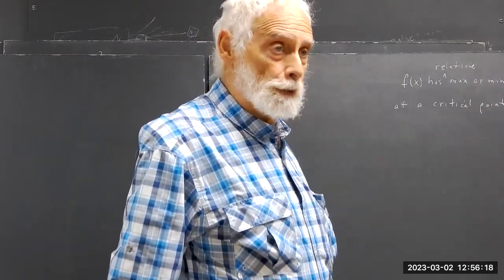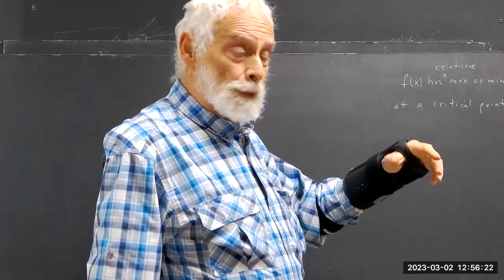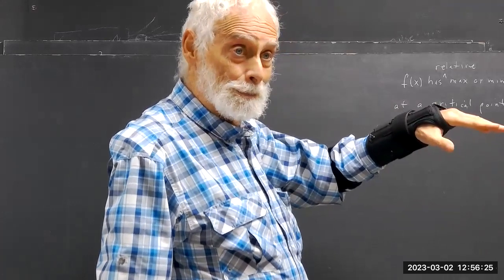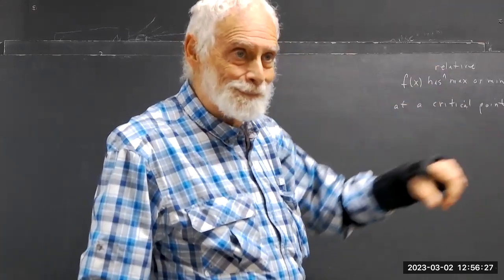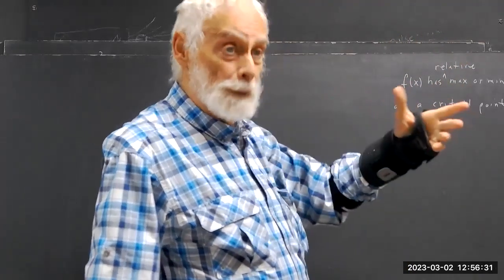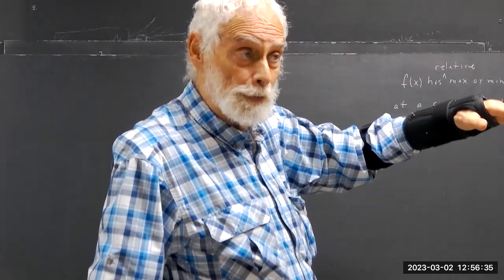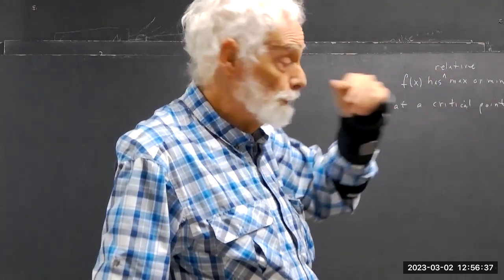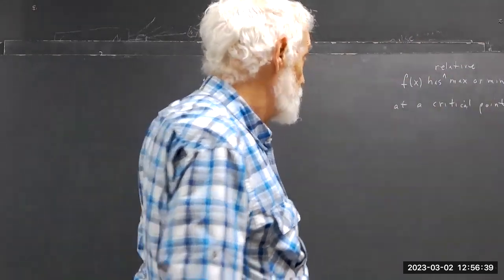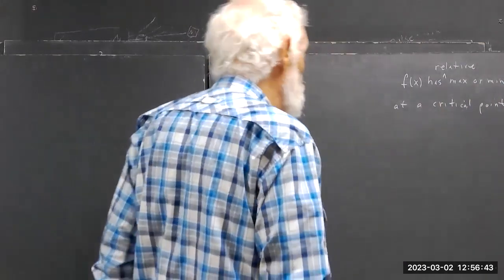Why? Because a critical point is a point where f prime of x equals 0, which means that the slope of the function is 0. So if you've got a function, it's only going to have a relative maximum or minimum if it's level at that point, meaning its derivative is 0. Okay. So that's just from what you already know.